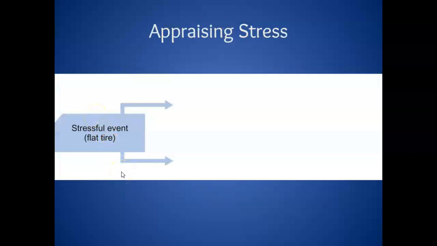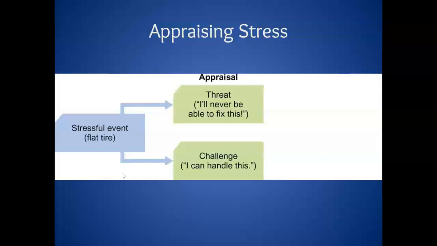So again, how do we appraise stress? There's a stressful event. Maybe you got a flat tire and you have a choice. You can appraise it as a threat. I'll never be able to fix this. Life is doomed. I'm going to be murdered out here by my car and everything is terrible, right? Or you can see it as a challenge. Hey, I've got this.